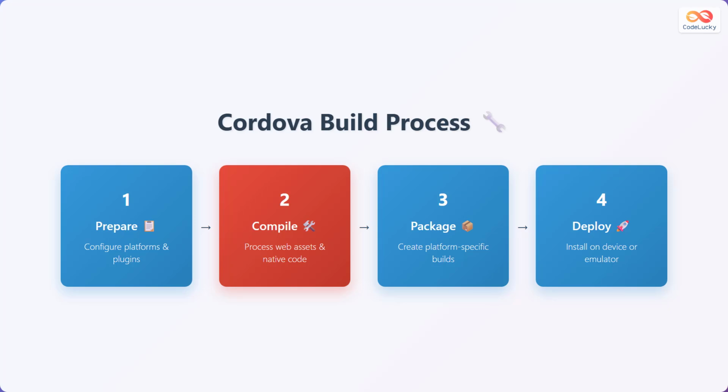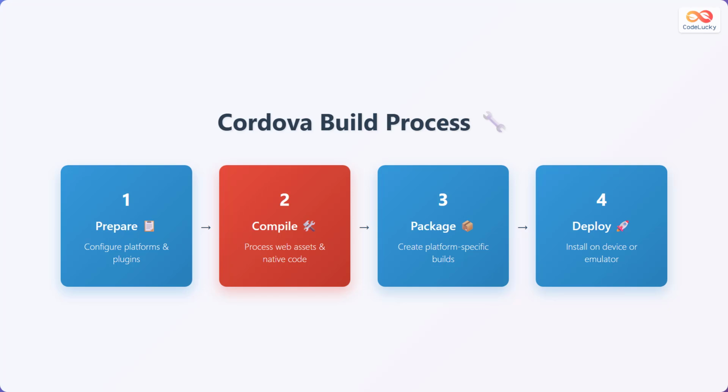The Cordova build process consists of 4 main steps that transform your web application into a native mobile app. First is the prepare step, where Cordova configures the target platforms and ensures all required plugins are properly set up for compilation. Second is the compile step, where your web assets like HTML, CSS, and JavaScript files are processed alongside native code components.